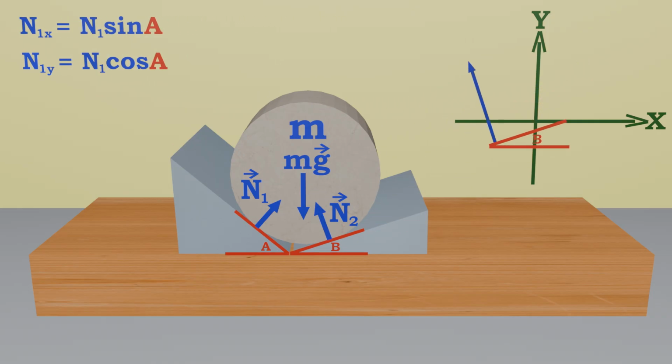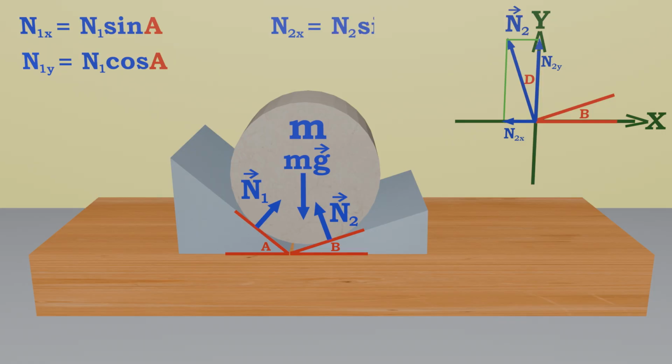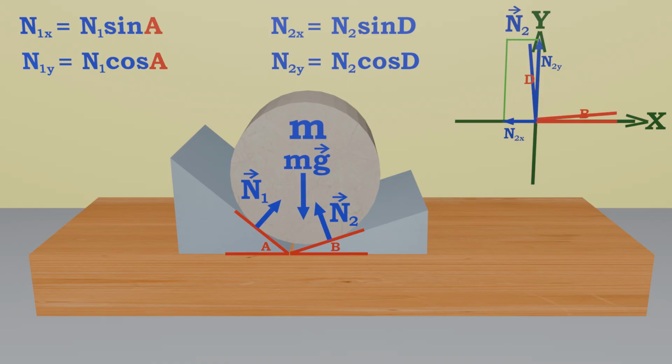For the second force N2, we obtain similarly: N2x equals N2 sine D, and N2y equals N2 cosine D, where angle D is equal to angle B. Of course, we can also repeat the visual check to confirm that angles B and D are equal by gradually reducing angle B to 0.